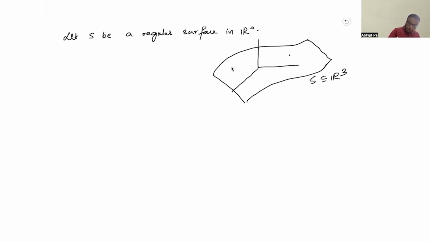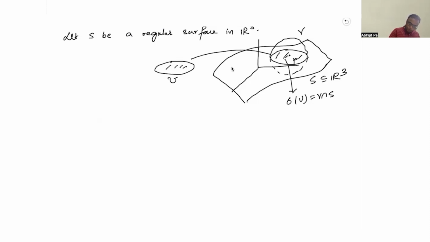At each point we have something like this. So this is my B, and this portion is sigma of U, which is equal to B intersection S. And I have a map from this open set U to R3. So sigma of U is equal to B intersection S.